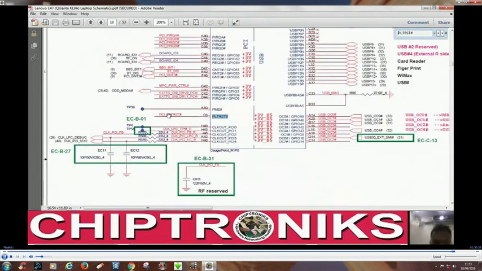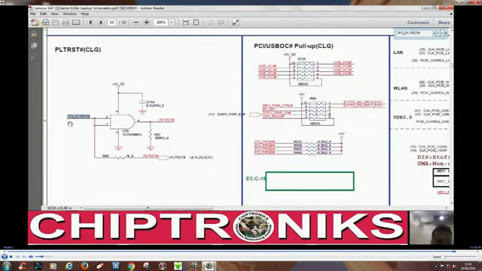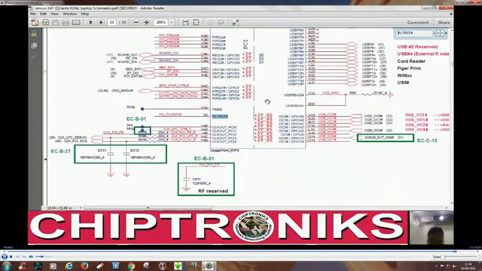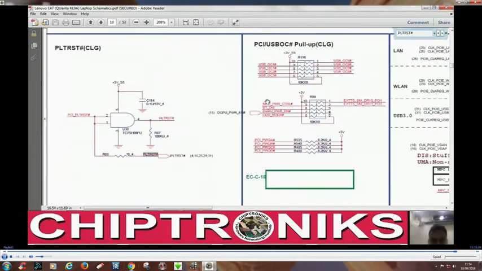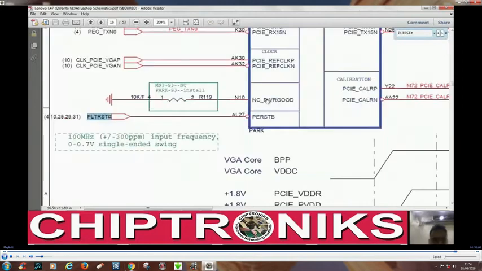and you can see PLT reset is connected with PCI_PLT_RST#, and this PCI_PLT_RST is ANDed with an AND gate to generate PLT reset hash. You can see PLT reset hash, where is this going?